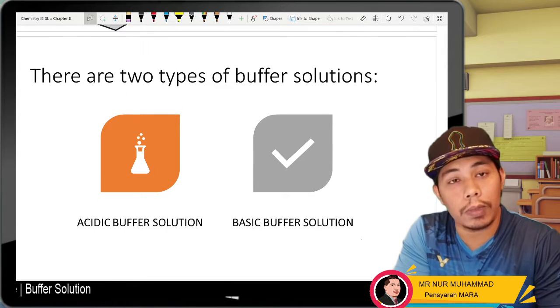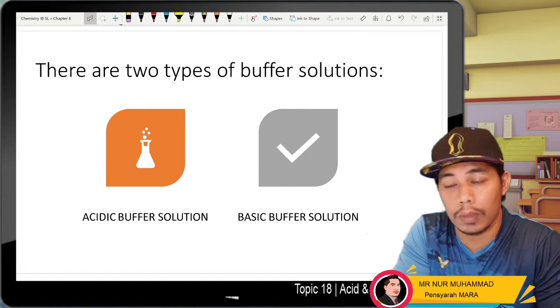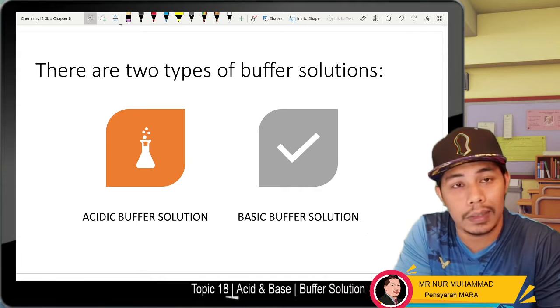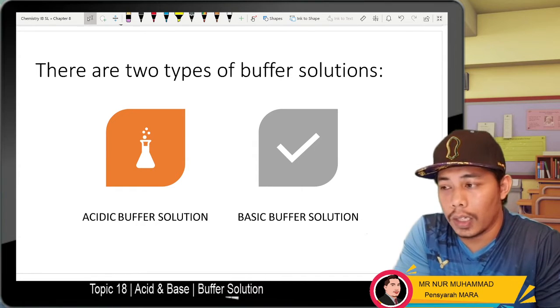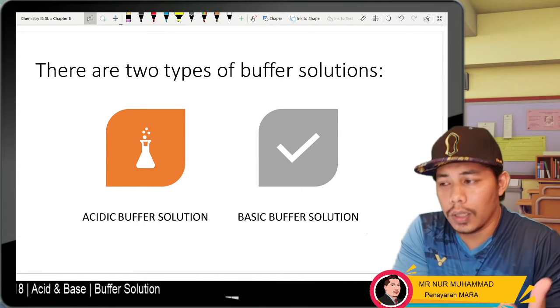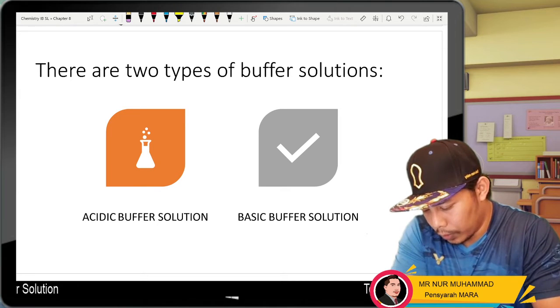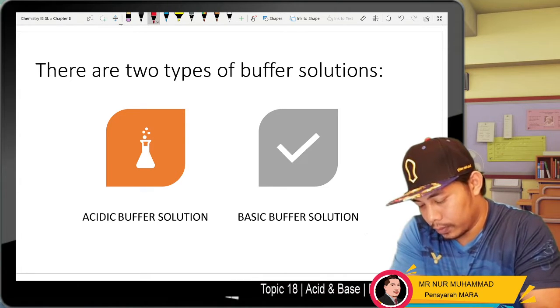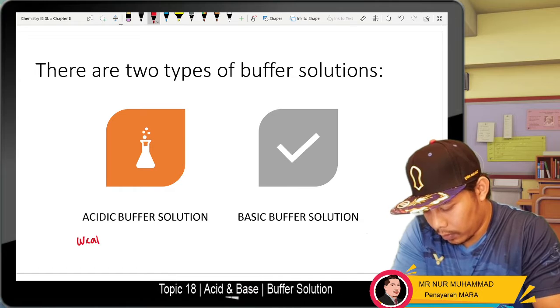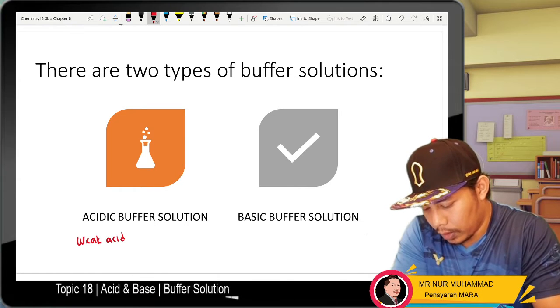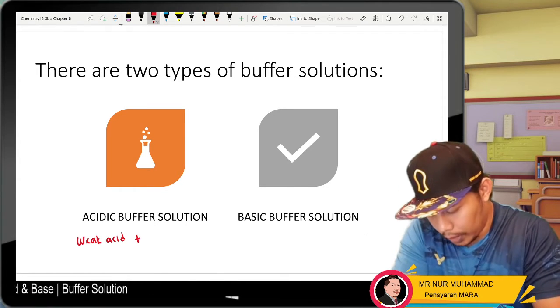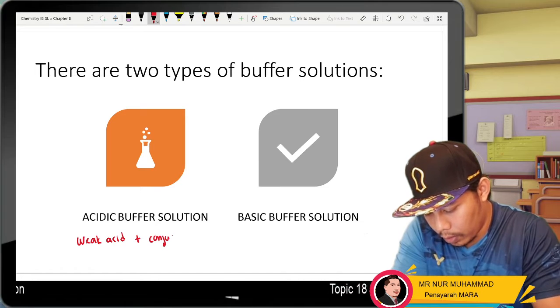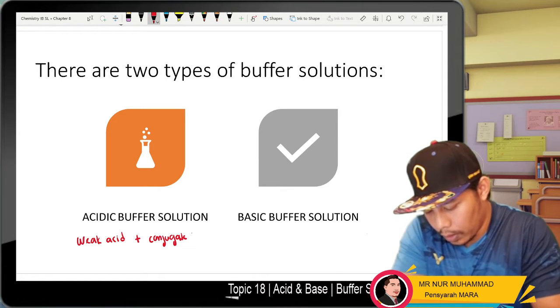There are two types of buffer solution. First, the acidic buffer solution, and second, the basic buffer solution. What is an acidic buffer solution? An acidic buffer solution consists of a weak acid mixed with its conjugate base.